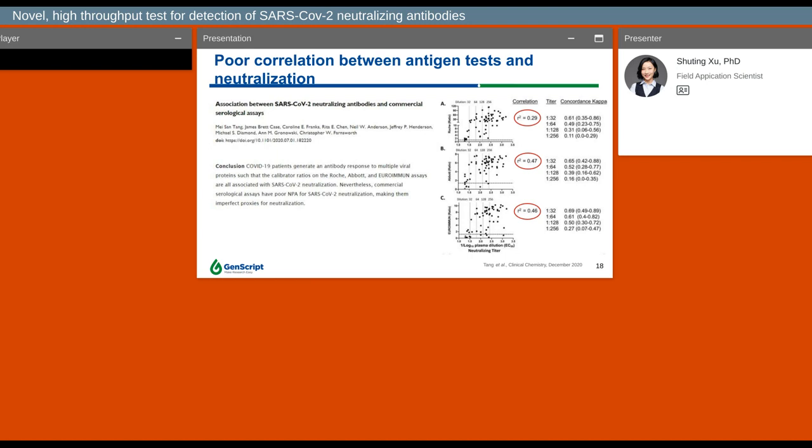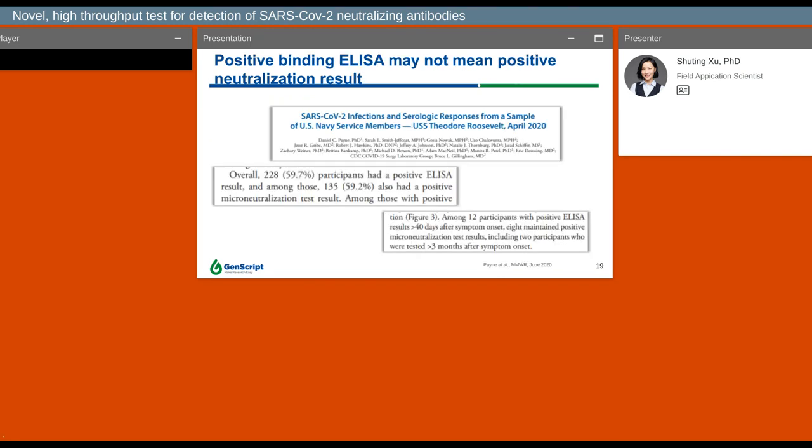You can see the correlation between the neutralizing activity and the IgG test is really bad. Thus, the research group concludes that commercial serological assays have poor performance for SARS-CoV-2 neutralization, making them imperfect for neutralization testing.